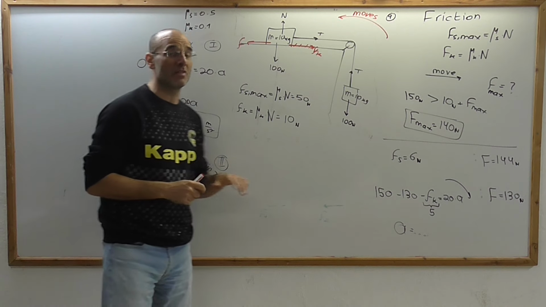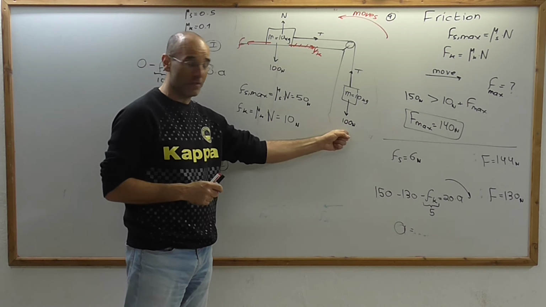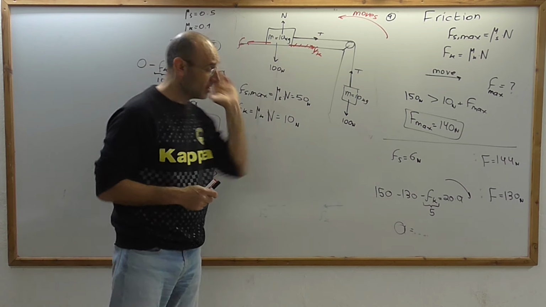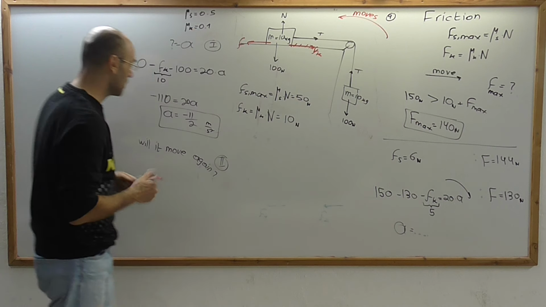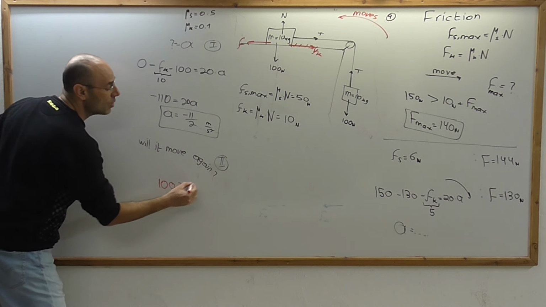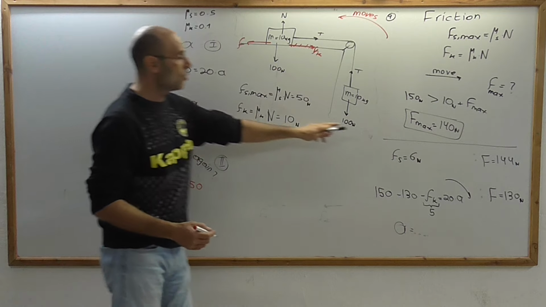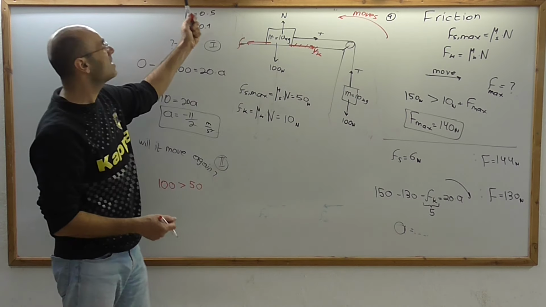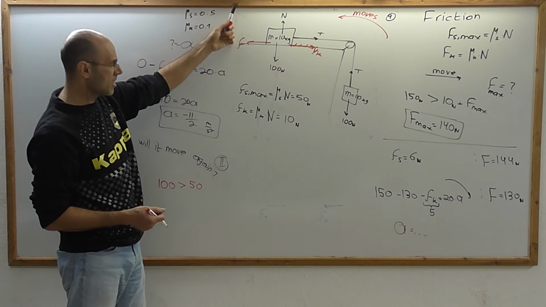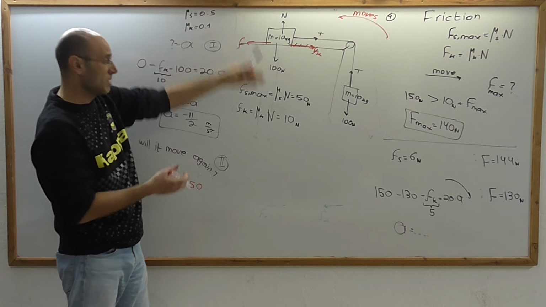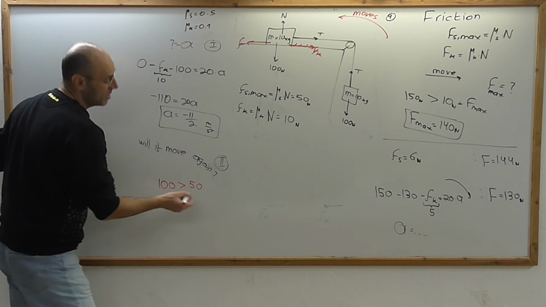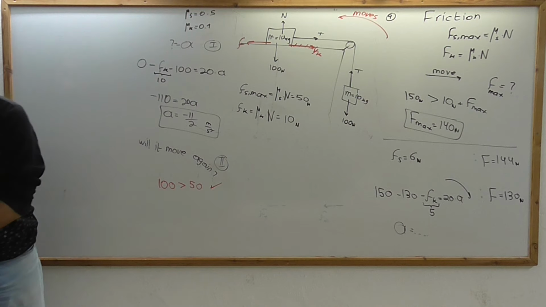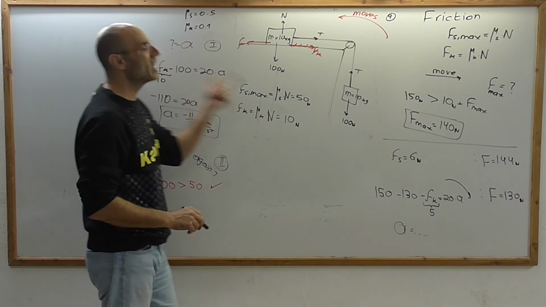But now I need to check if the pulling force can overcome the maximum friction force allowed, which is 50. So, does 100 overcome the 50? 100 is the force that pulls the system now this way. 50 is the maximum that the friction can adjust, but it can't adjust to 100. So, obviously, 100 can overcome the maximum friction force there is, so the system will accelerate.